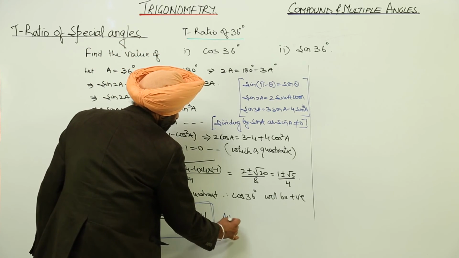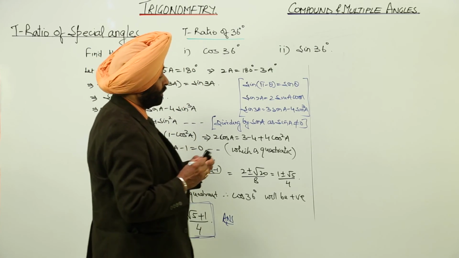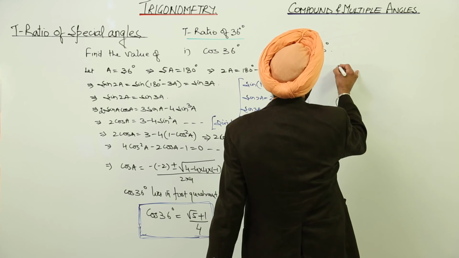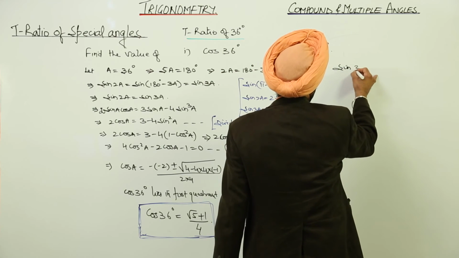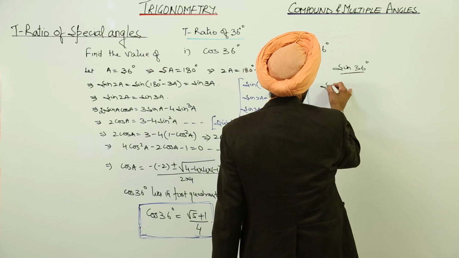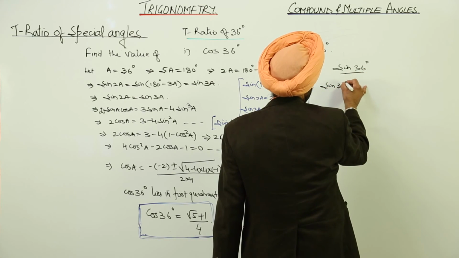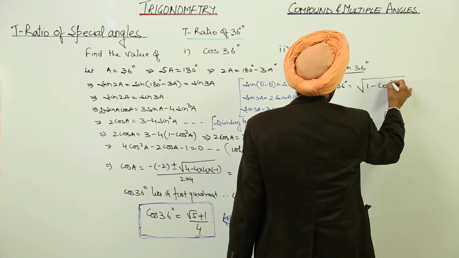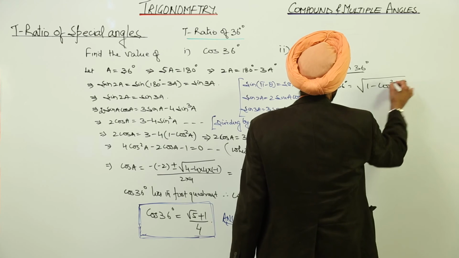Now we will fetch the value for sin 36 degree. Sin 36 degree is equal to square root of 1 minus cos square 36 degree.